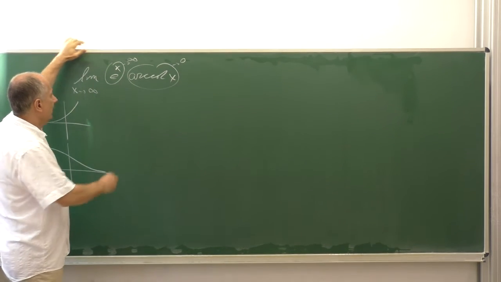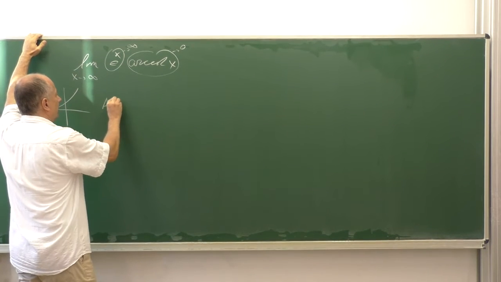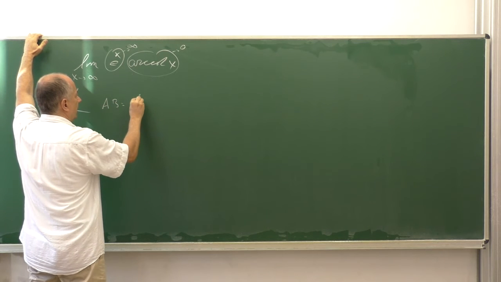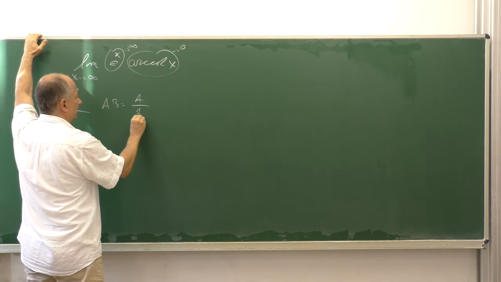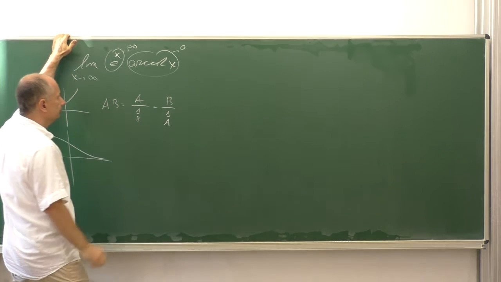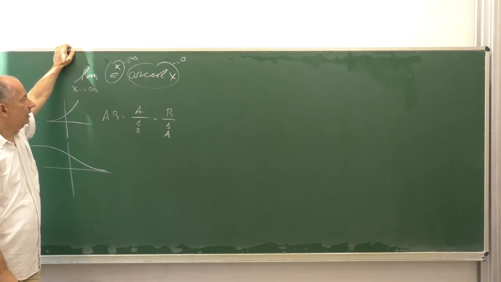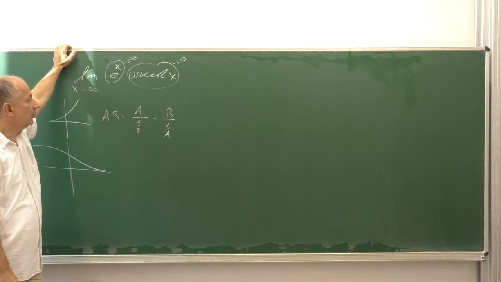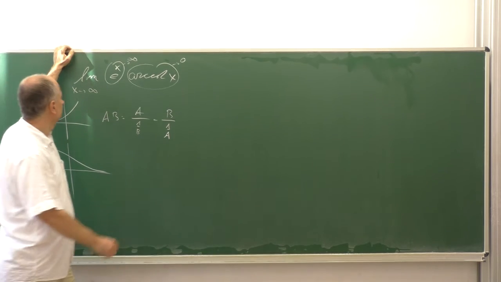So once again, the product AB can be written as A divided by 1 over B or B divided by 1 over A. And as before, one of these two choices helps, the other does not.